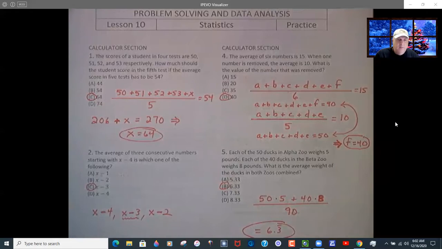So question one, very popular question, the most popular question. What does the next score have to be to make my average usually go up? So in this case, go up to 54. So it's the sum anytime you do the mean over the count. So we're trying to figure out what X is.